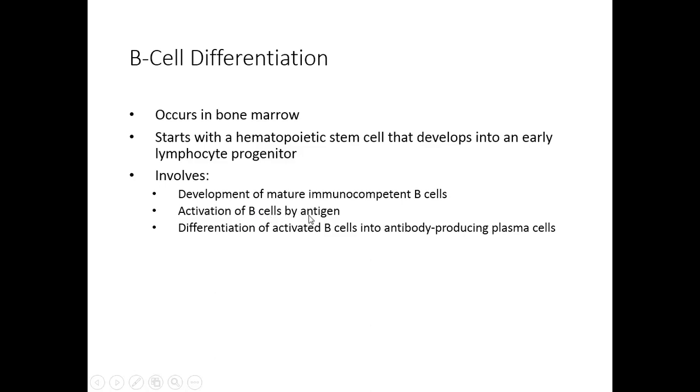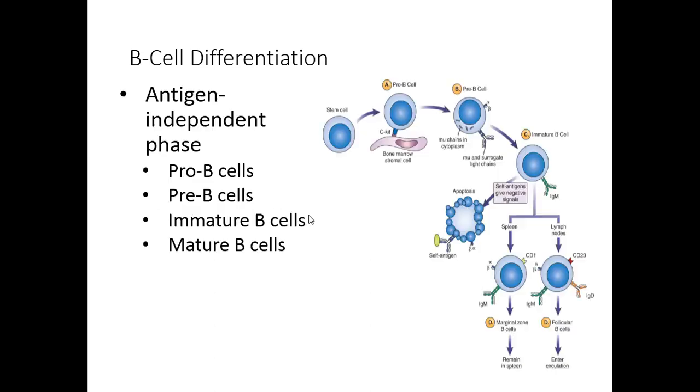So B cell differentiation is going to start as an antigen independent cycle where they start to develop before they've ever been challenged by an antigen, but by the time we get to the end, they're going to be antigen dependent because the cells are going to need to be exposed to a specific antigen in order to produce antibody.